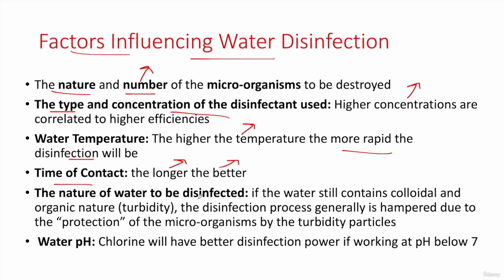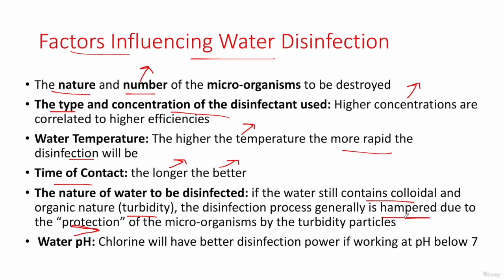The nature of water to be disinfected. In other words, how efficient was my previous treatment processes. So how efficient was my sedimentation and my filtration steps. Because if the water still contains colloidal particles, or if my water is still turbid, this will create a protection or a shield layer that will protect viruses, the bacteria and protozoa, especially when using the UV lights, and the disinfection process will be hampered.